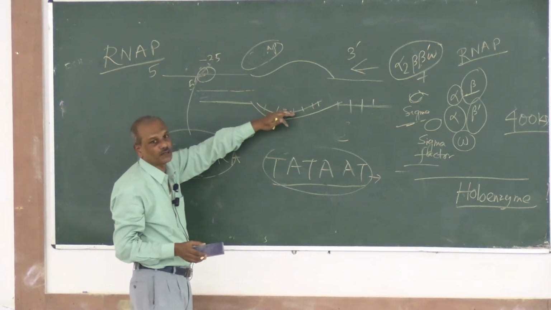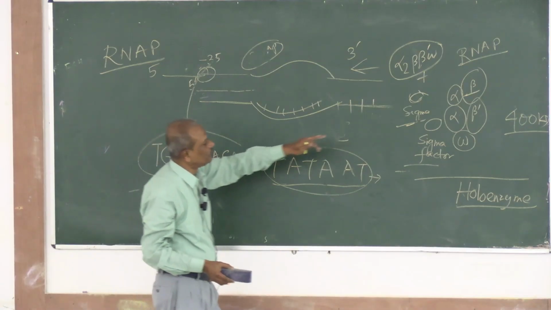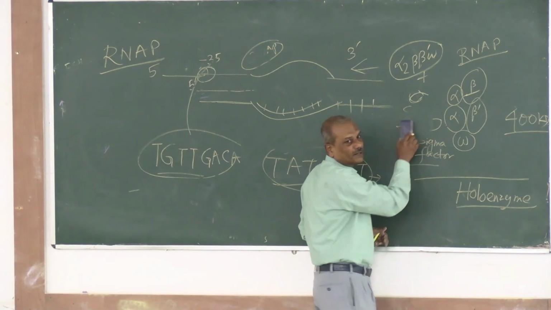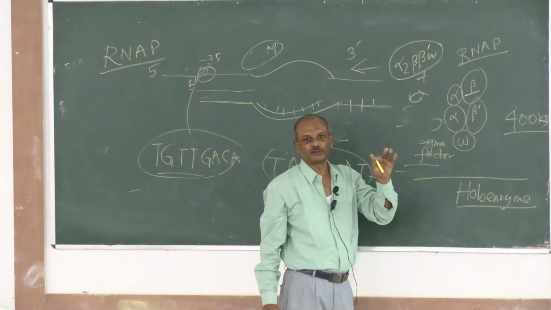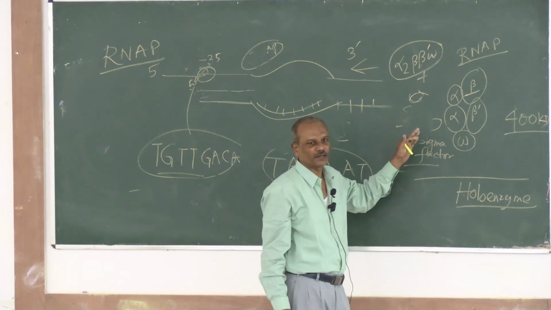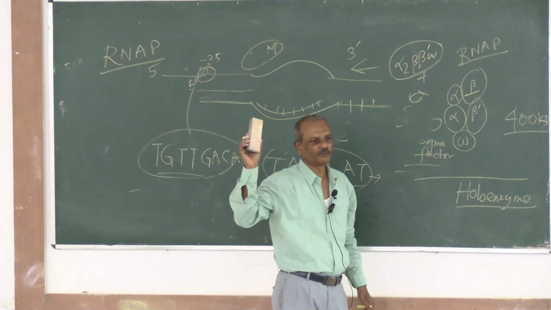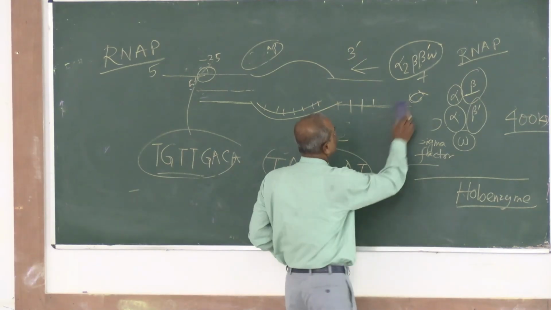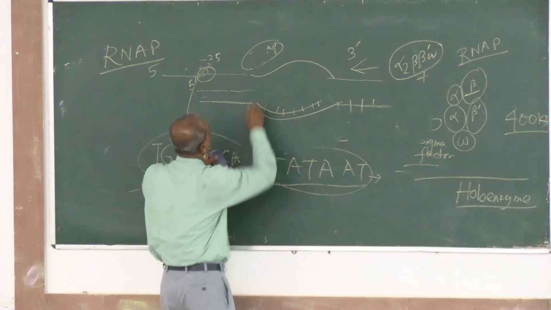Once this part is complete, slight conformational changes release the sigma factor. The sigma factor is no longer required because its job of scanning and identifying the area is over, and it will be utilized for some other RNAP molecule.